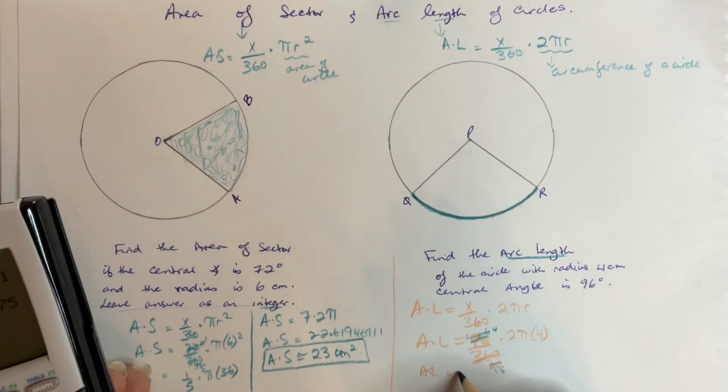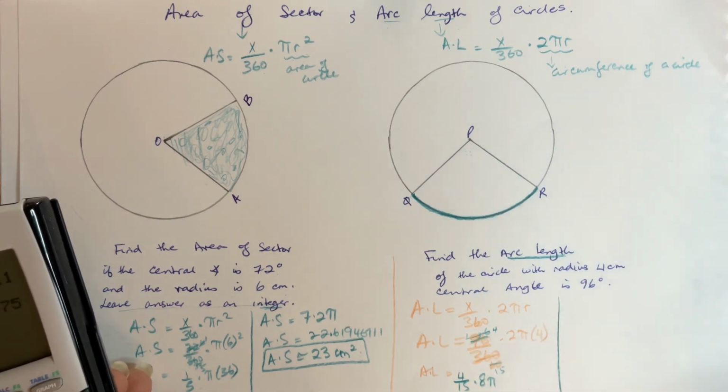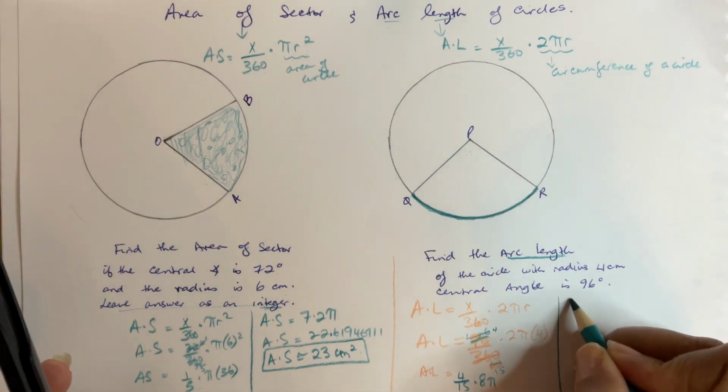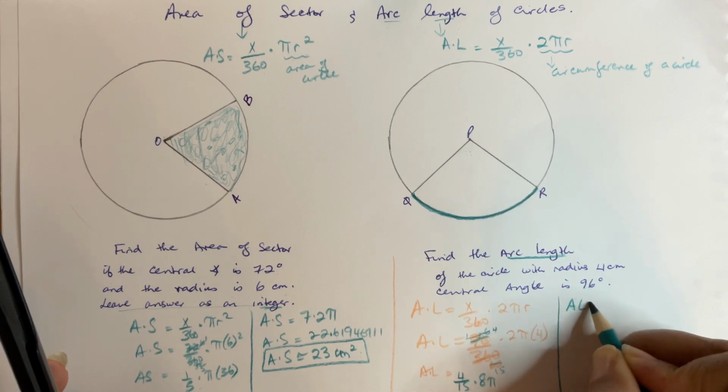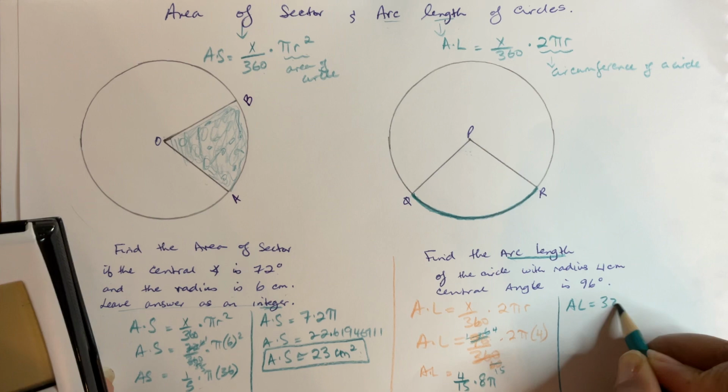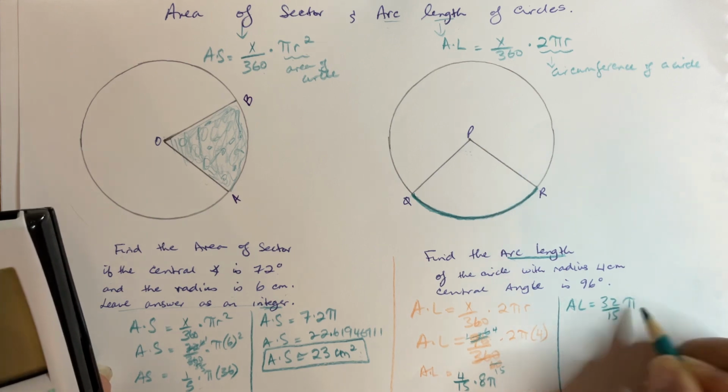So you have 4 over 15 times 8 pi. I'm going to continue over here. So I have AL is equal to, we can multiply across, which is 32 over 15 pi.